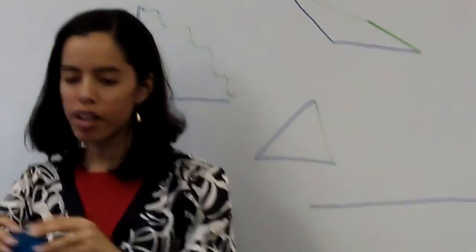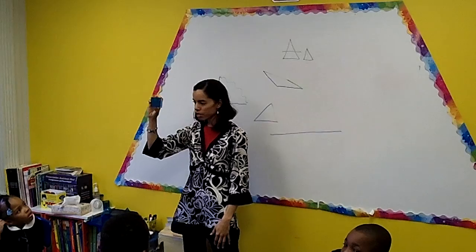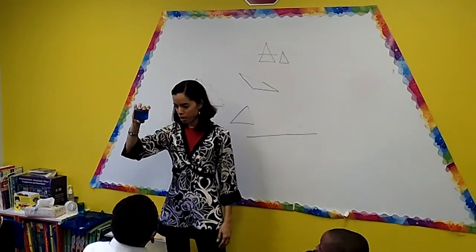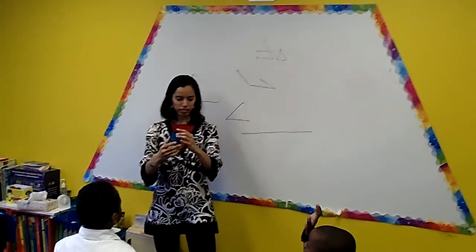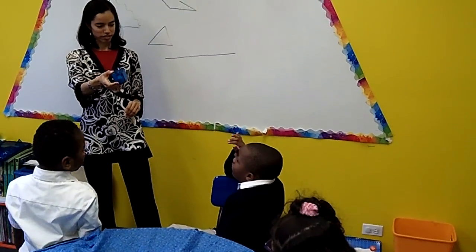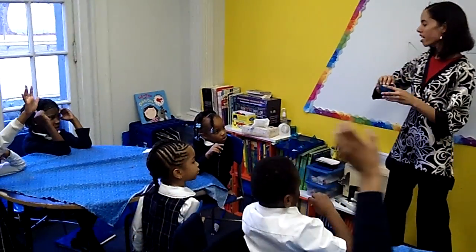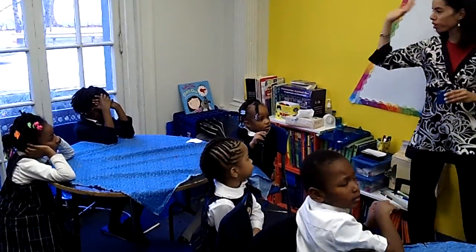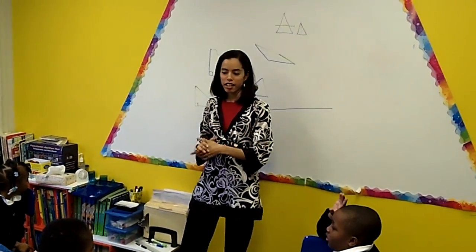Who remembers how many faces does a cube have? Nicholas? 7. Not quite. 6. Very good, Hannah. I'm sending you a high five. All right, so that's all we have for our shapes today.